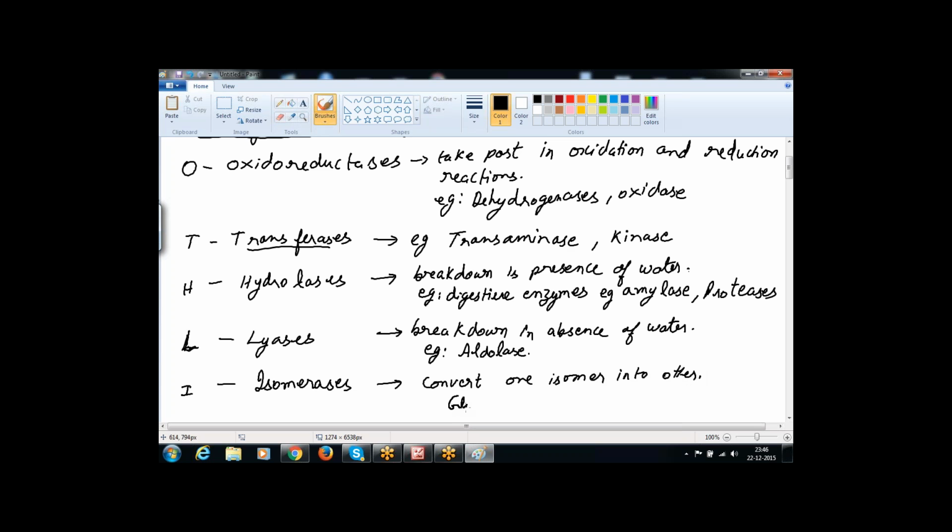For example, glucose 6-phosphate getting converted into fructose 6-phosphate. I'm writing the reaction again. So, interconversion of isomers will be done by isomerases. An example of isomerase is epimerase. Remember, glucose and galactose are epimers of each other. And in galactose metabolism, we talked about the epimerase enzyme, which converts galactose into glucose.